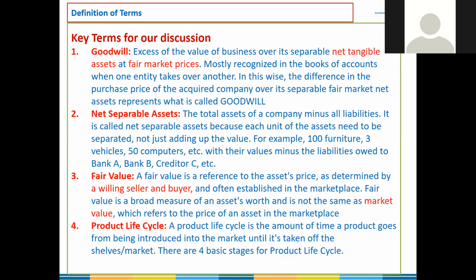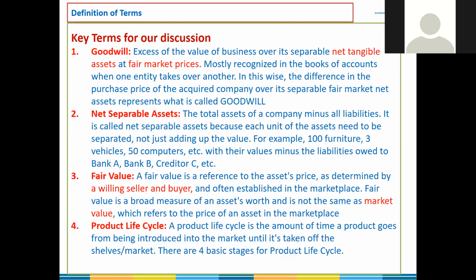So we are talking about goodwill when an existing company purchases another company. When the company is purchased, this is what we call purchase goodwill, but we are going to look at that definition later on.